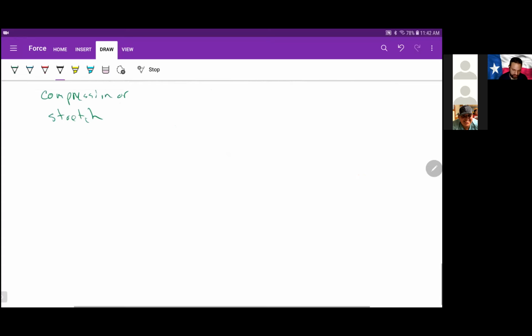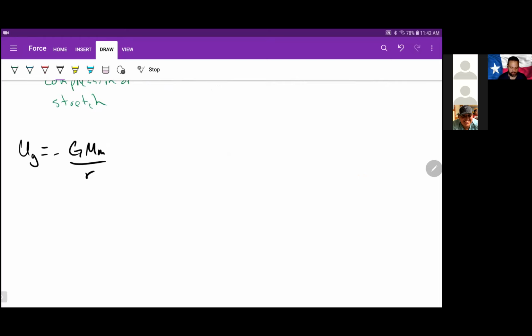So now let's look at the gravitational potential energy, negative GMm over R. This time we've got it with respect to R. So that's what we're going to use down here.